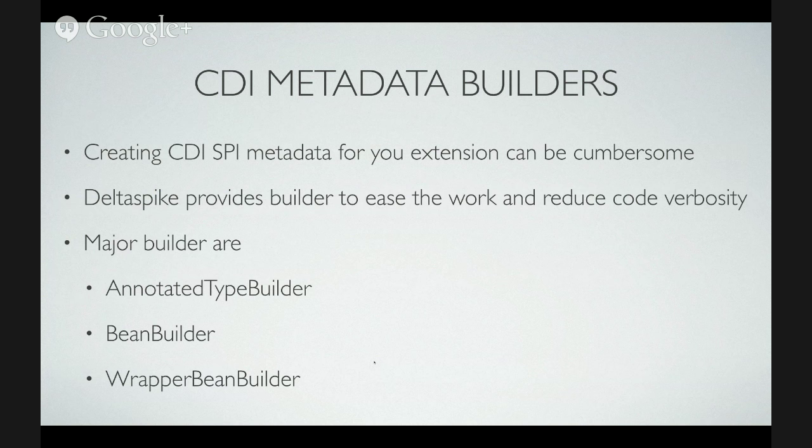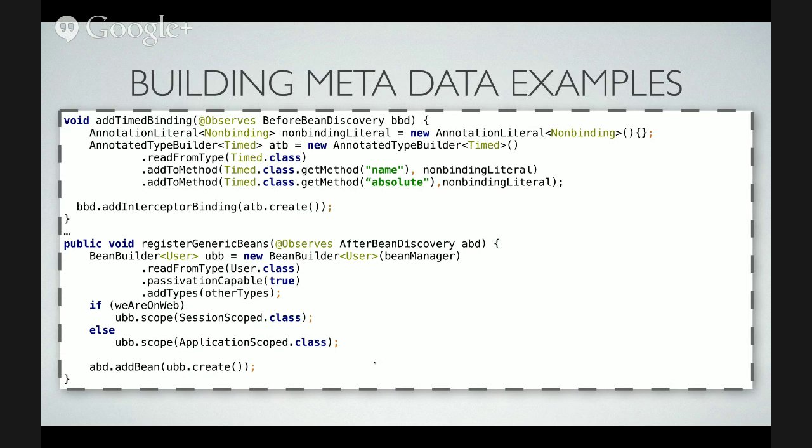So description is nice, but code example is better. So let's look at some examples around those builders. The first example is an example I took from a presentation I gave at DevOps around integration of a third-party framework.